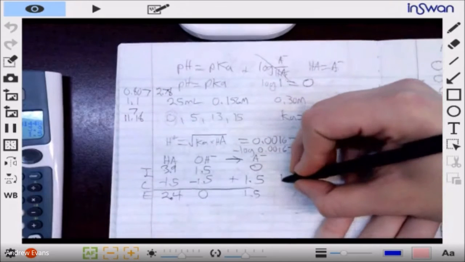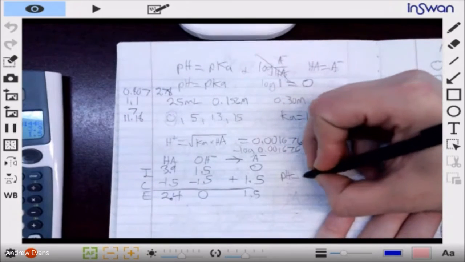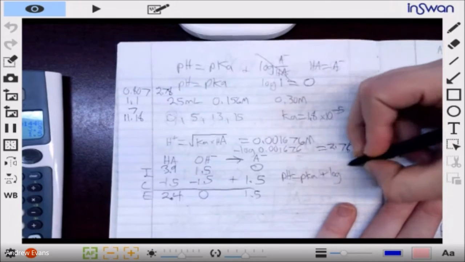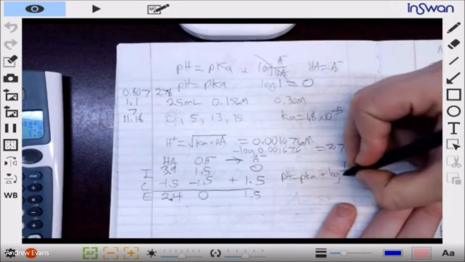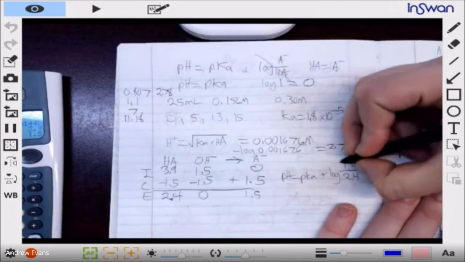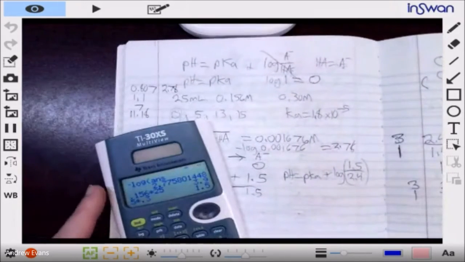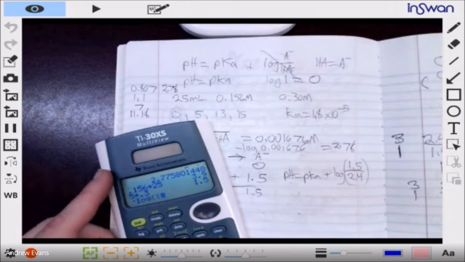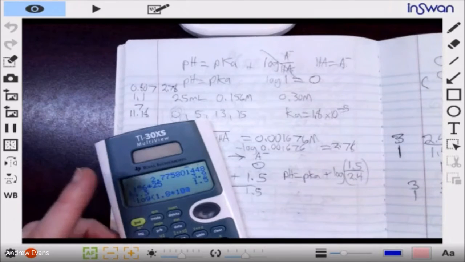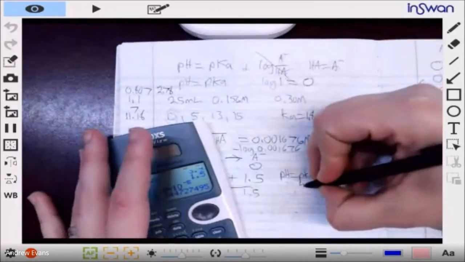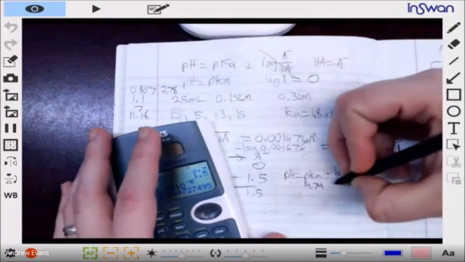Now to get the pH, we can say pH equals pKa plus log of 1.5 over 2.4. Well, the pKa is just the negative log of Ka, 1.8 times 10 to the negative 5, which is 4.74.